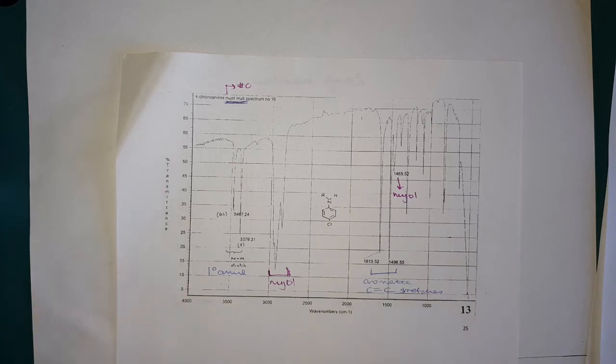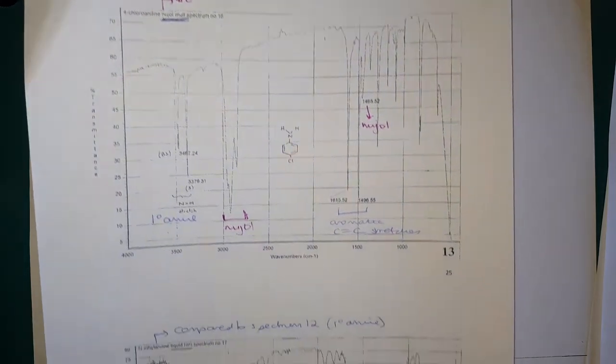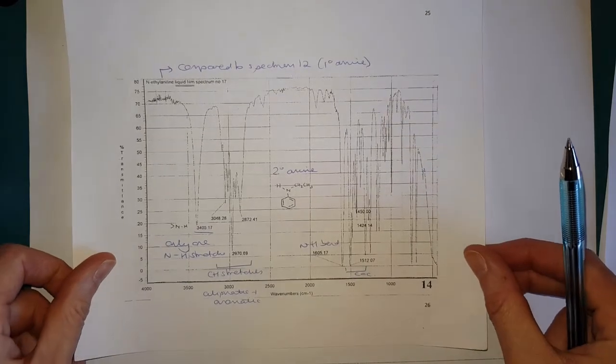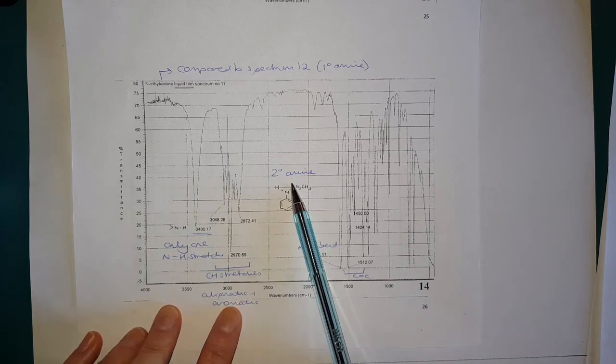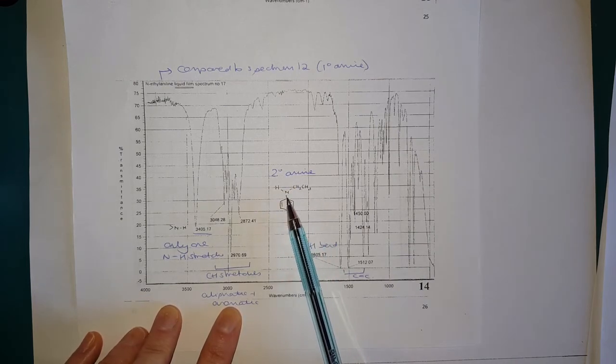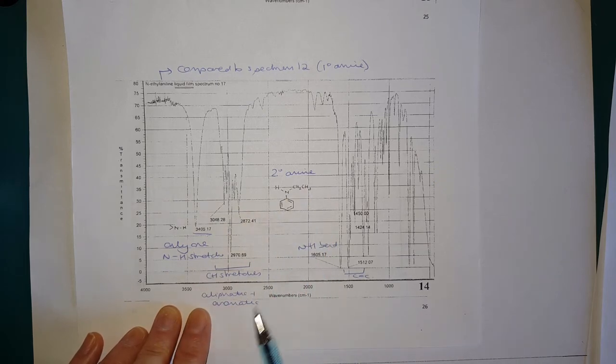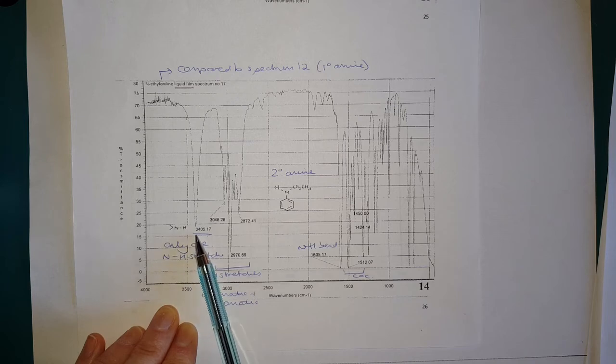stretches. So let's now look at a secondary amine. We were looking at spectrum 12, which corresponded to a primary amine, and now we've got an extra group on the nitrogen that's not hydrogen. We've got this ethyl group. So we've now only got one nitrogen-hydrogen stretch at 3,400 wave numbers.